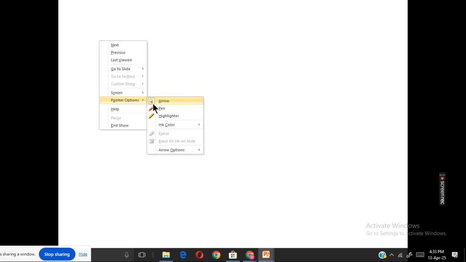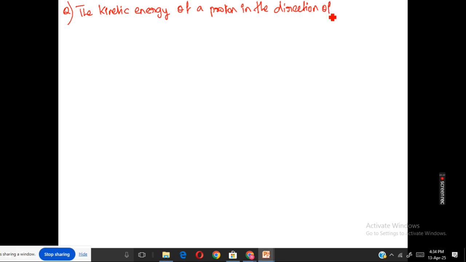Now let's look at another problem which is related to the curvature drift velocity. So the question is, the kinetic energy of a proton in the direction of the magnetic field is 3 electron volt.